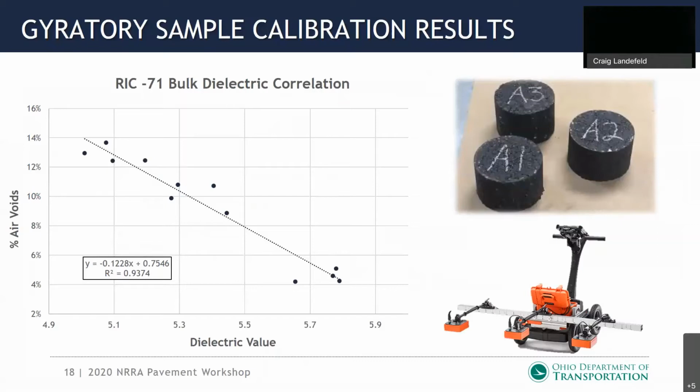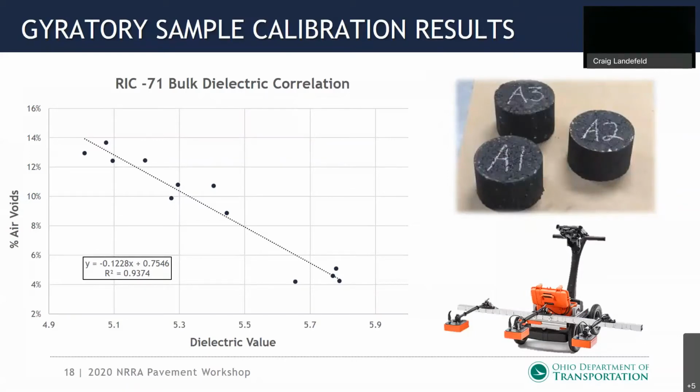The basic premise of this procedure would be that we would gyrate 3 specimens. One for Ohio, that would be a 4% air void specimen. And then we would take some material out but maintain the pill height to gyrate to higher voids to build a calibration curve. So we've only had the opportunity to test this on one project so far, and that was our Richland 71 project, where we did the bulk dielectric correlation.